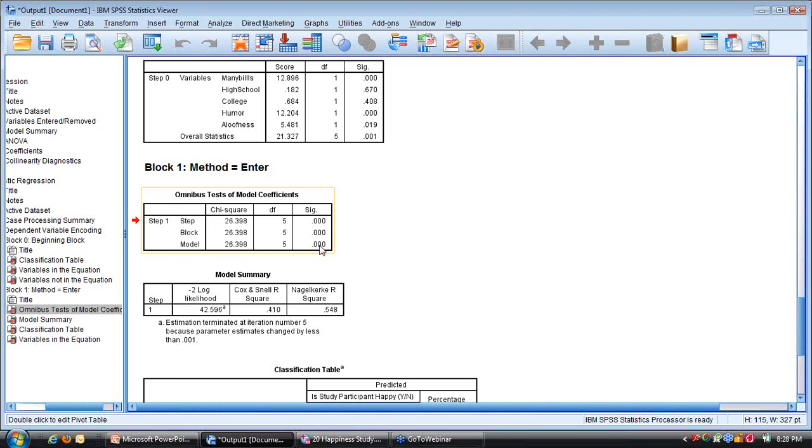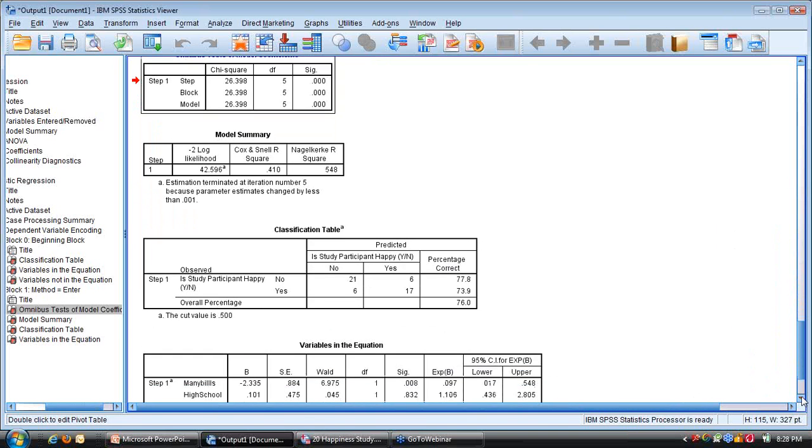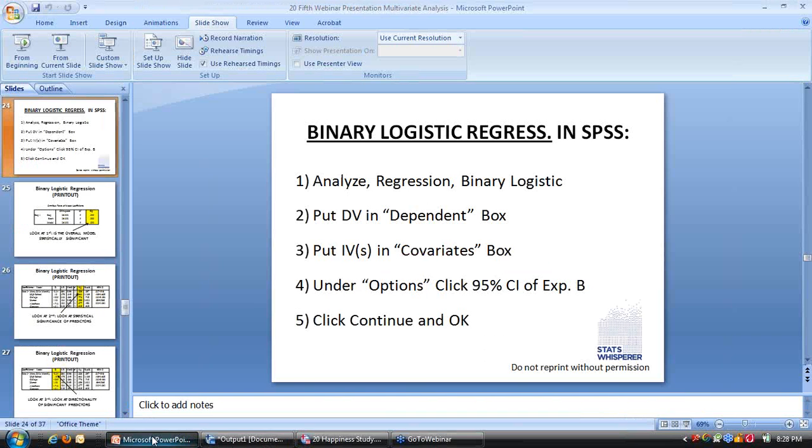So if it's significant, you can look at the predictors. If the model is not significant, you don't need to consider the model anymore, right? So the model is significant. So the next box to refer to is the last box right here, the variables in the equation. So these two boxes are in our slides. Let us reference that.